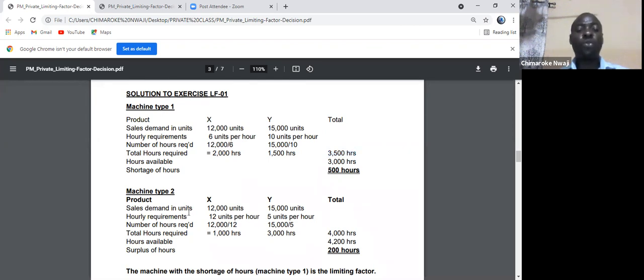In machine type 2, the sales demand is still required, yes, 15,000 and 12,000, Y and X. Now the hourly requirement for X, 12 units in 1 hour. So if you want to make 12,000 units, simply say 12,000 units divided by 12 units per hour gives you 1,000 hours required to make your customer's demand for X on machine type 2. 15,000 units of Y, each hour you make 5 units.